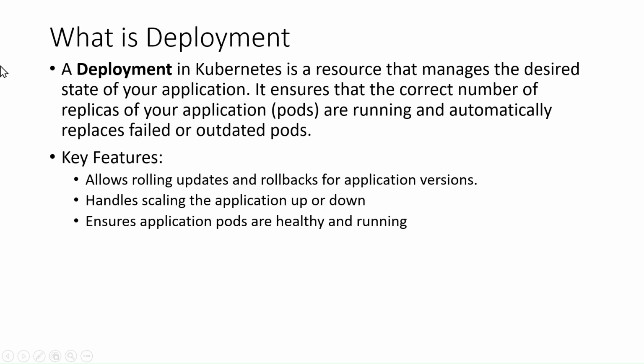Okay, it ensures that the correct number of replicas of your application is running. Before we deploy inside Kubernetes, we will have the containerized application, that is the Docker container, right? While we are deploying inside Docker or the Elastic Container Service, we used to have a single container. When it comes to Kubernetes, we can have multiple containers inside a single pod, like inside a box.